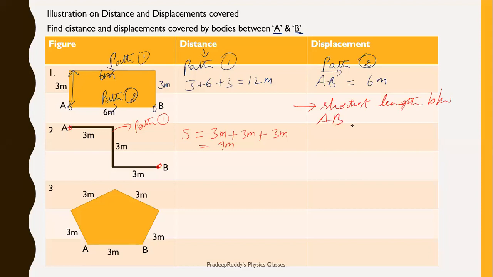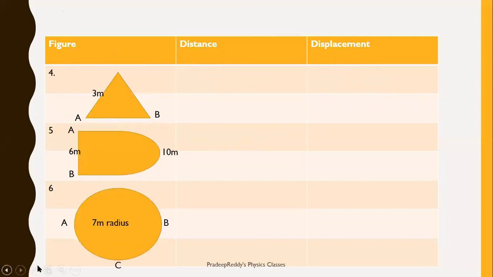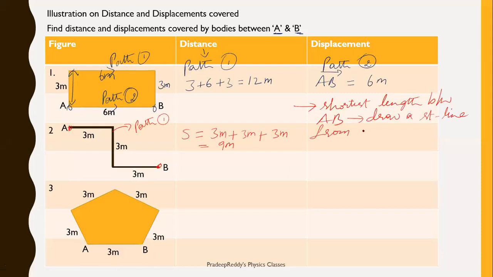Now, in order to find the shortest length, I'll start from point A and draw one straight line to point B. When you draw a straight line, it will pass through the center over here.